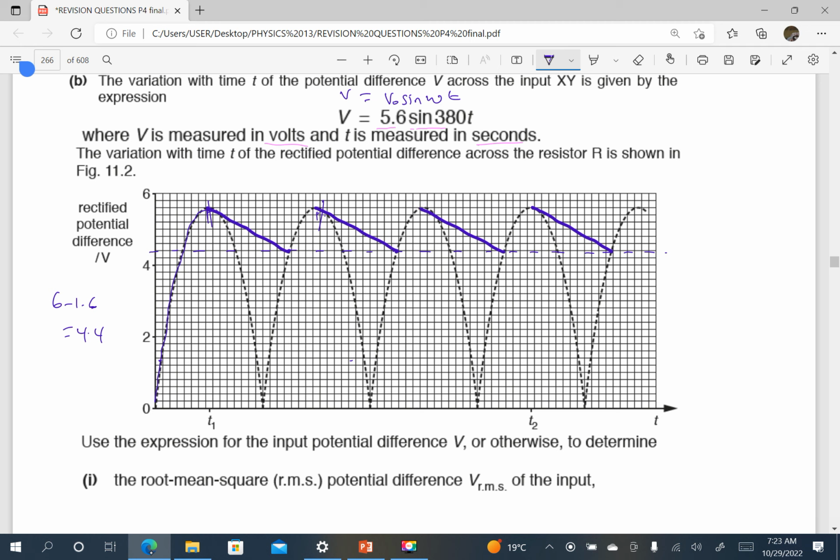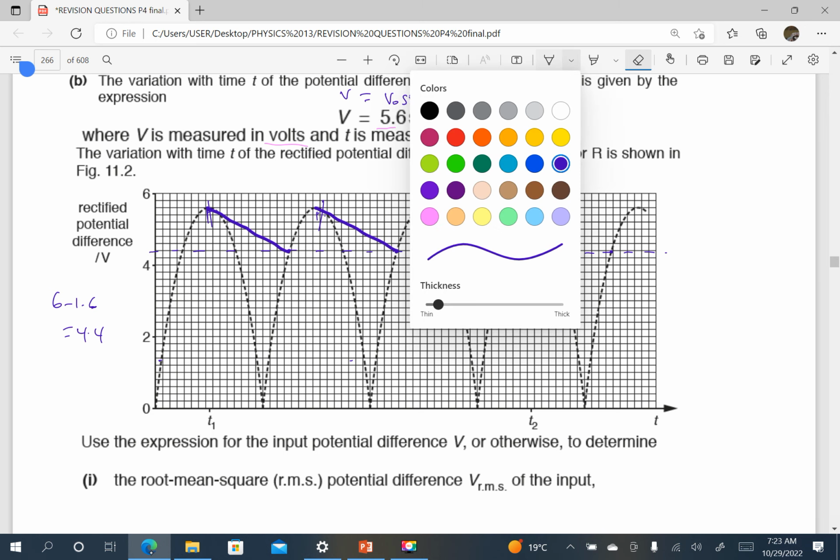Okay. Although they wanted up to T2, between T1 and T2, this part is not necessary. I'll remove that part and concentrate on T1 and T2.